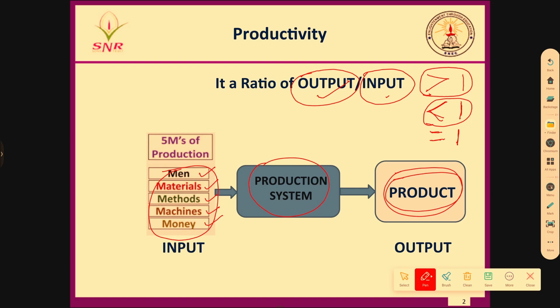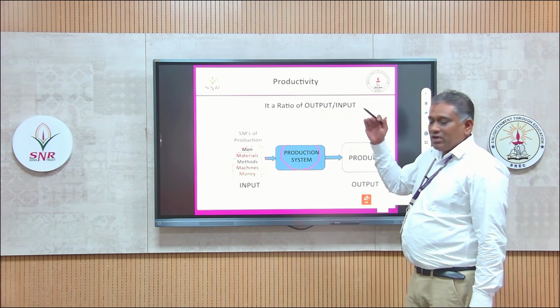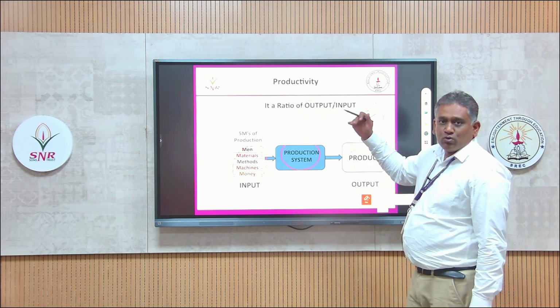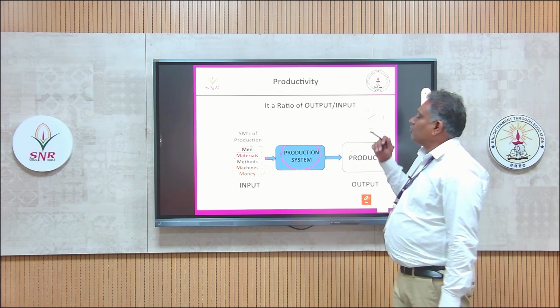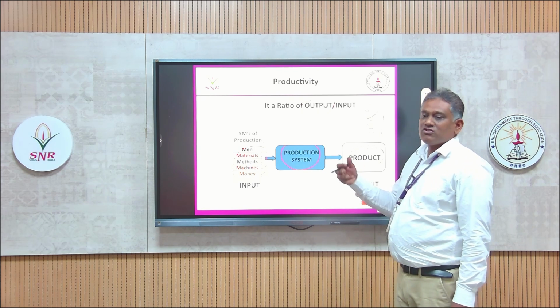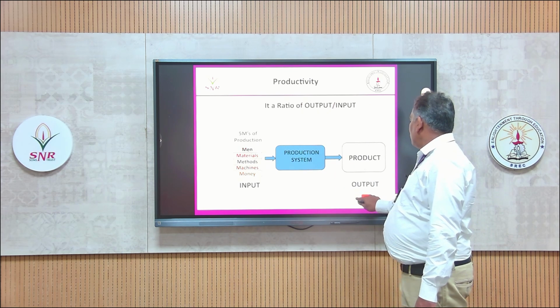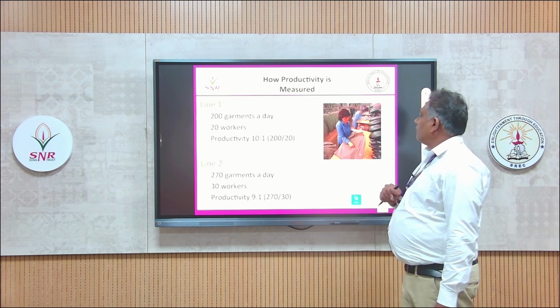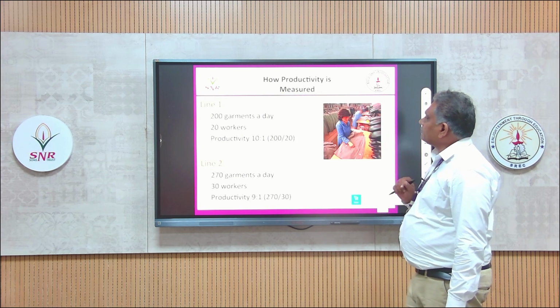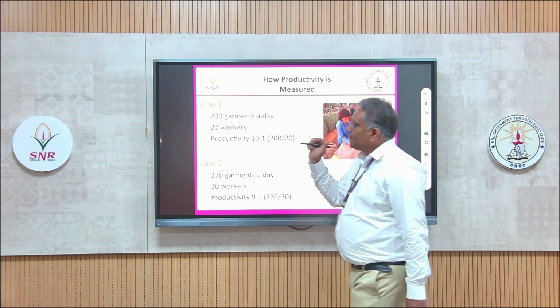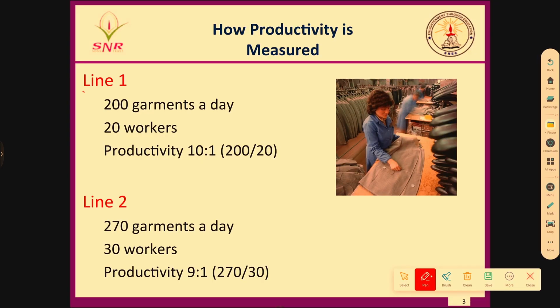So we will take this example for a production unit, maybe a garment factory, and find out the productivity for 2 different lines, 1 and 2, and understand the concept still better. So this is the example of a garment factory. You have line 1 and line 2.